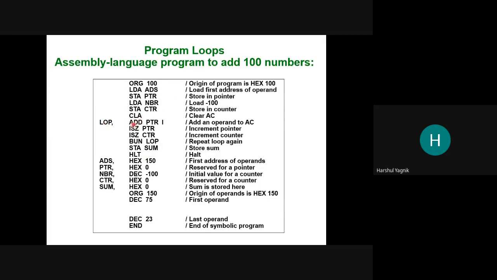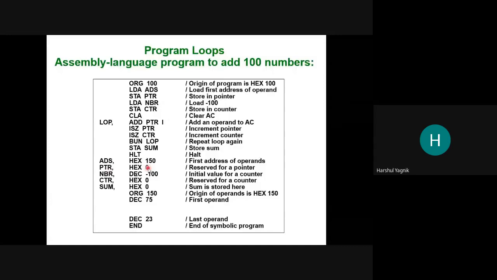The pointer, which is initially hexadecimal 0, there has to be indirect addressing mode represented by I over here. So using that pointer, whatever memory location is in that pointer, the operand at that memory location will be added to the content of the accumulator.